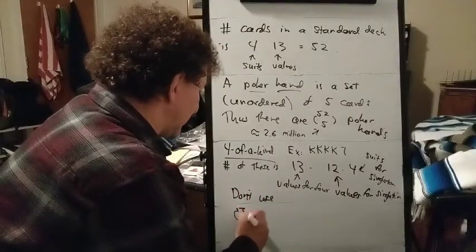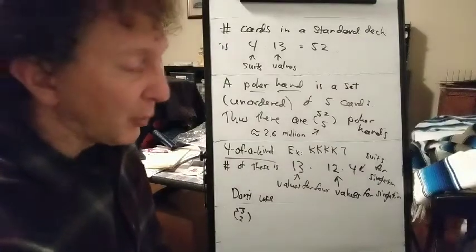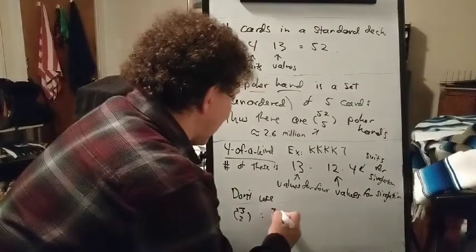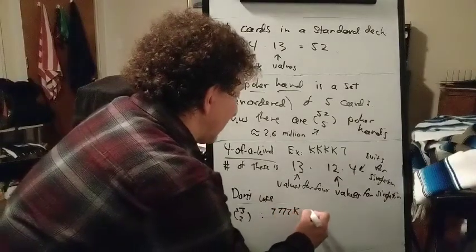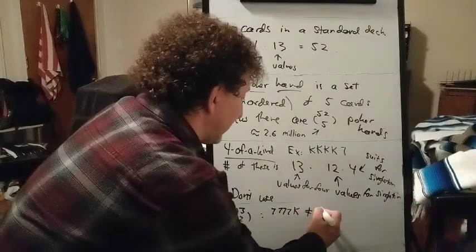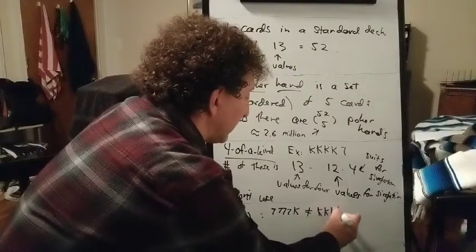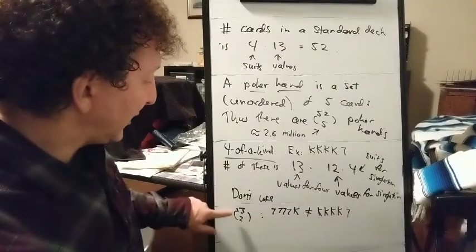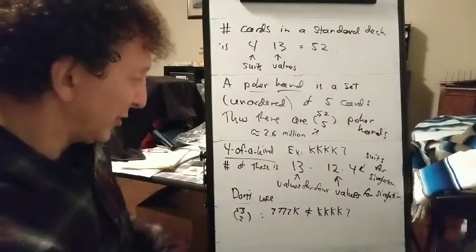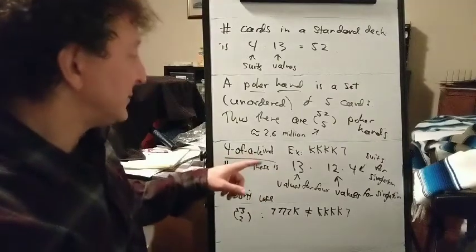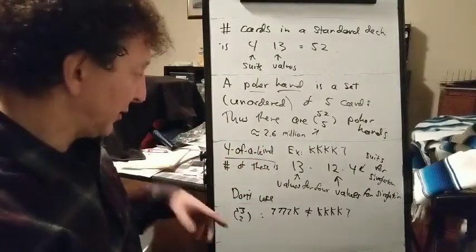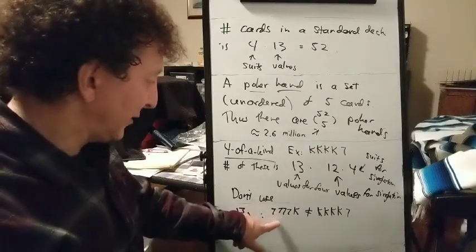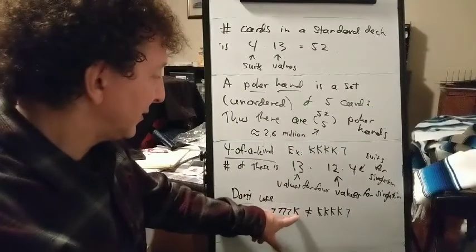So we don't use 13 choose 2 because having 4 sevens and 1 king is not the same as having 4 kings and 1 7. 13 choose 2 would mean order doesn't matter, but here order does matter, the order of the 2 values, because the first value we're saying represents the value that's the 4 of a kind, and the second value is the 1 of a kind.